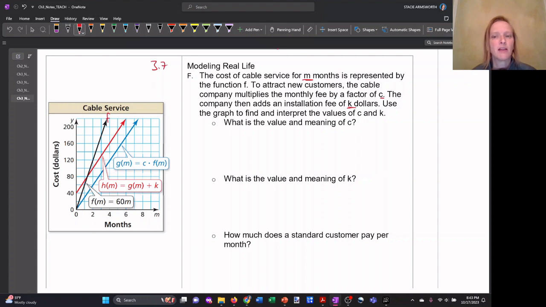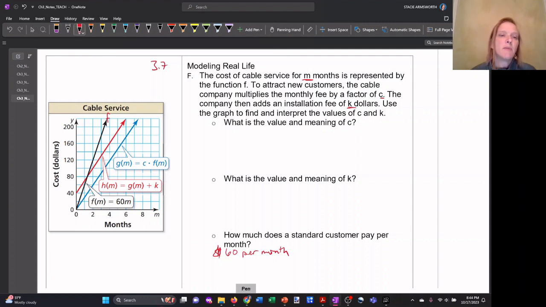That must mean that a standard customer pays $60 per month. Okay, $60 per month. That's of the black line, the original function.